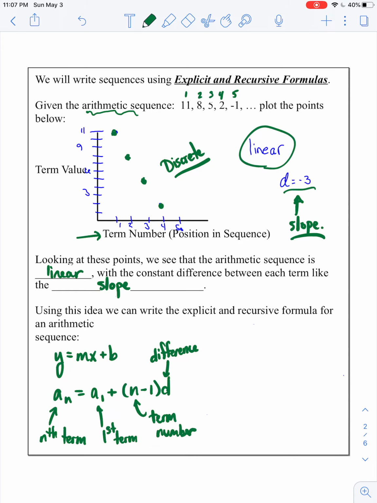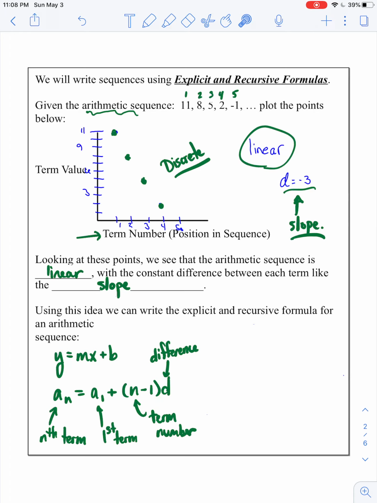If you look, all the pieces of y equals mx plus b are actually in this equation. The difference is that b, being the y-intercept, is like a1, except that it's the first term, whereas the b would be the zero term, if you will. And d is the difference, so that's like the slope, multiplied by x, where x here is n minus 1.